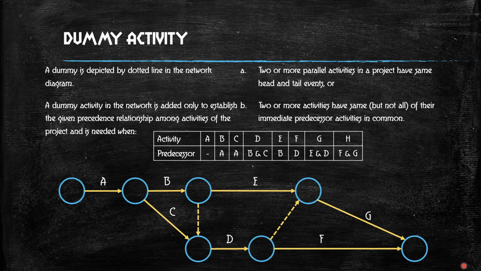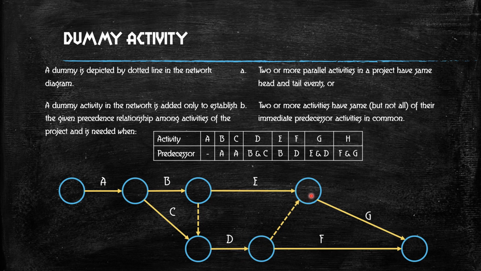But if one of those activities is individually a starting point for another activity, in that case, you should start it from there. So if you cannot start D from here, it means that D should wait for E completion. You should always show it separately because F can be started when D alone is completed.